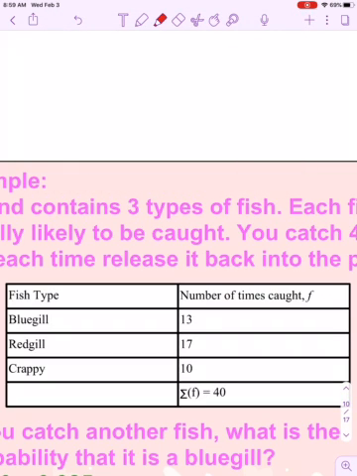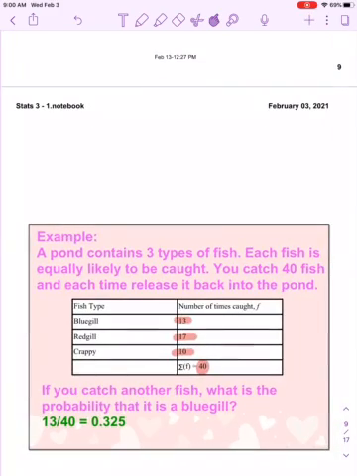Of those 40 times, you caught 13 bluegill, 17 redgill, and 10 crappie. So that's a total of 40. You didn't guess that's how many. You actually caught that many fish.